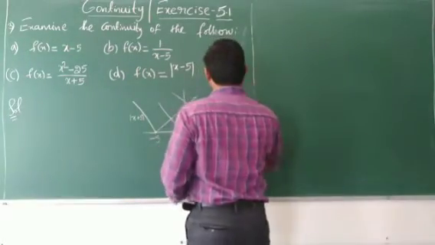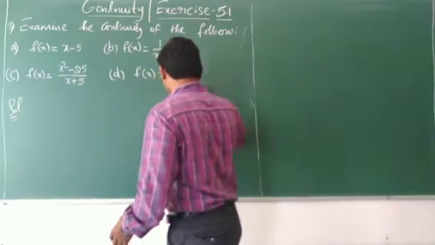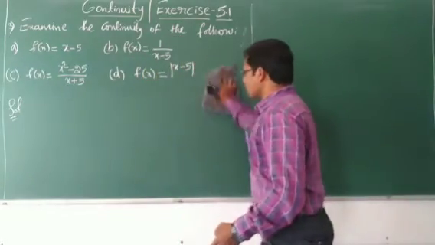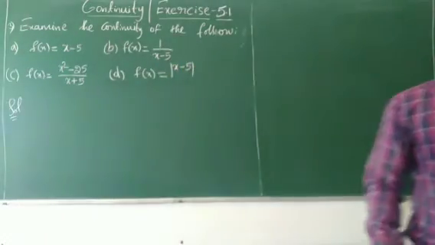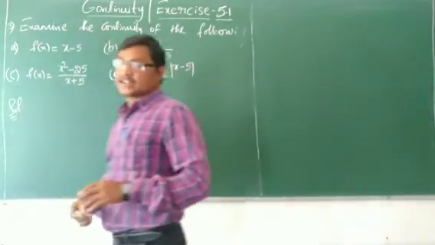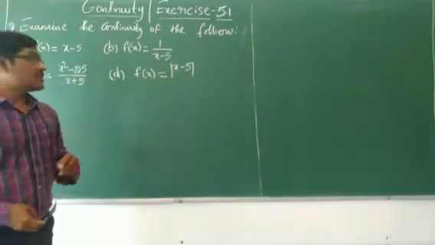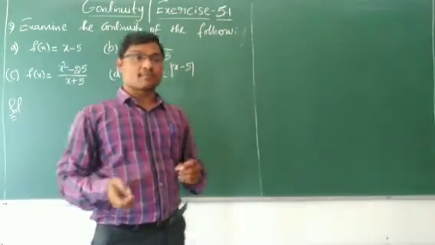So here the domain is the entire real numbers. When the domain is the entire real numbers, we have to verify the continuity of the function for the entire real numbers. But here there is a catch. What is the catch? When there is a modulus function, first we need to split it.